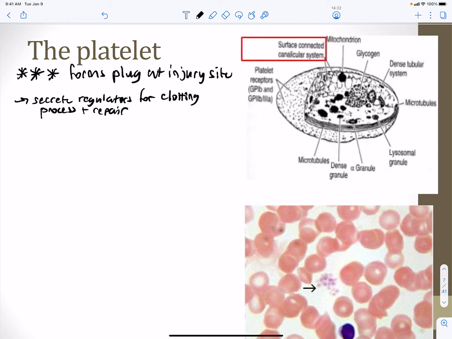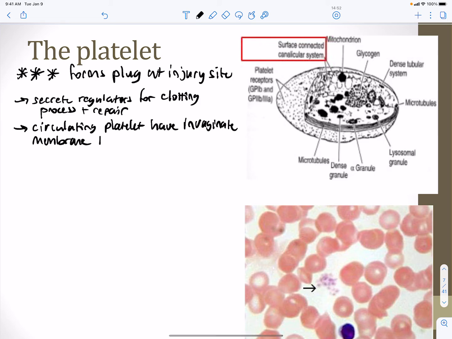When your platelet is not involved in a clot, when it's simply wandering around in your plasma, its membrane is extensively invaginated. A circulating platelet has an invaginated membrane, and this allows it to increase its surface area.